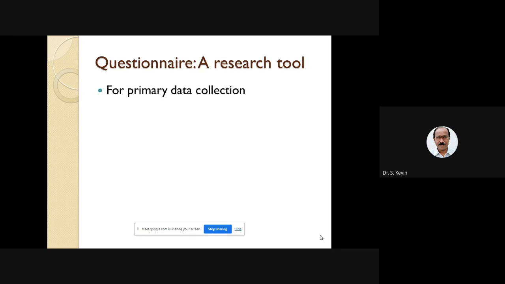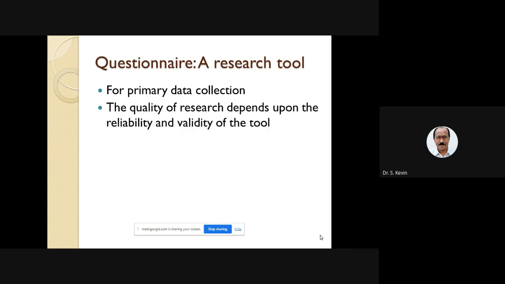That means the data is collected from the respondents, the people who are involved with our research study. We call them respondents, you know that. The quality of the research depends upon the reliability and validity of the tool.